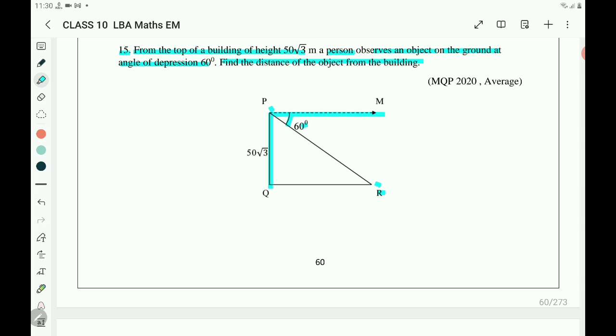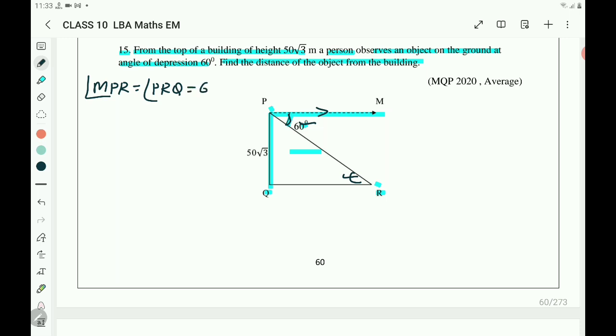Actually you can complete this triangle to get the distance of the object from the building. That is, here what we have to find out? We have to find out QR. Angle MPR equals angle PRQ.